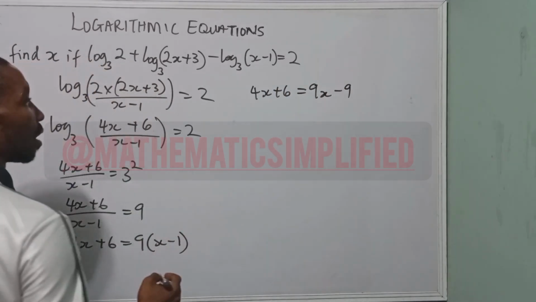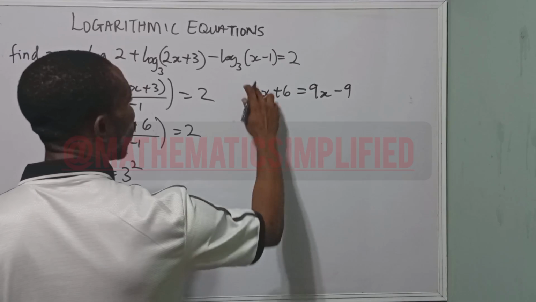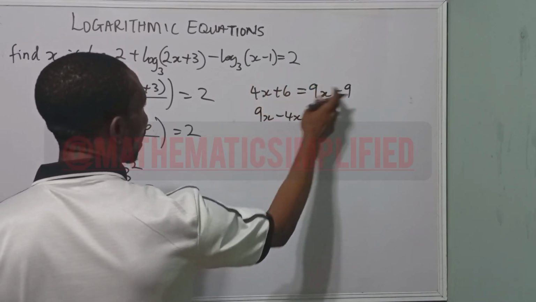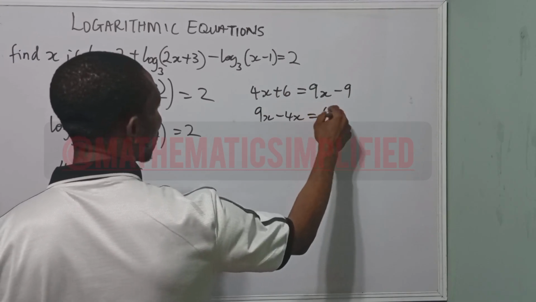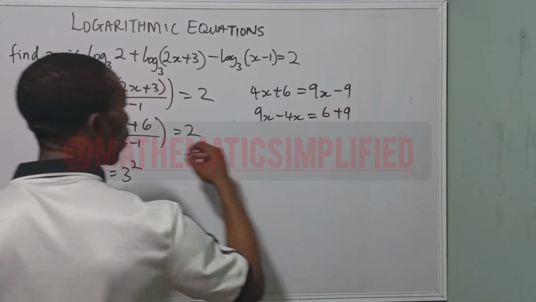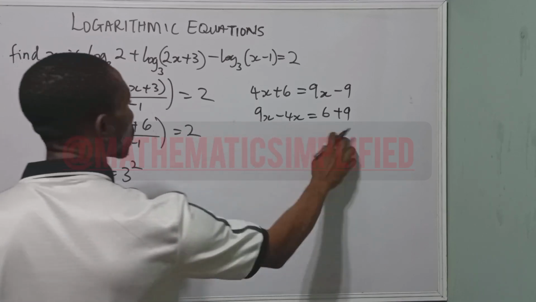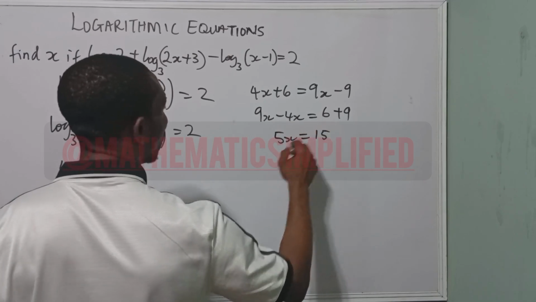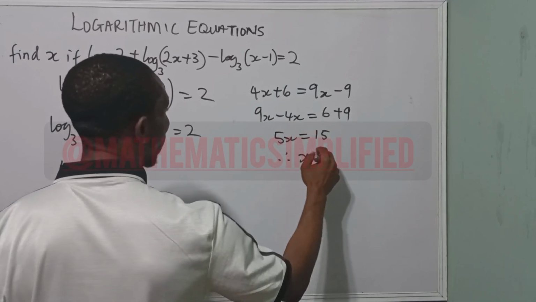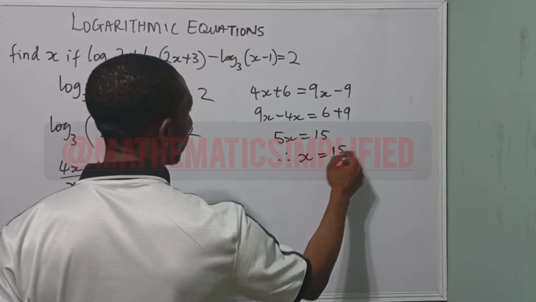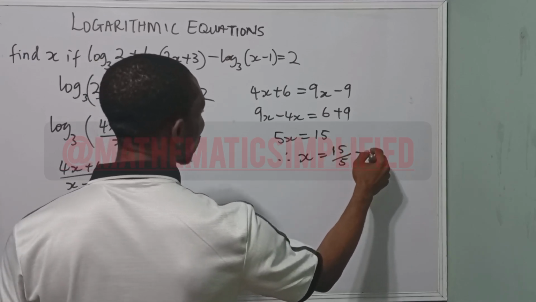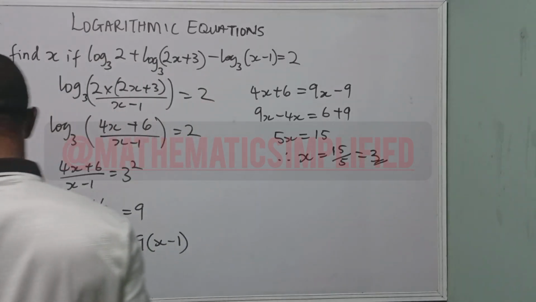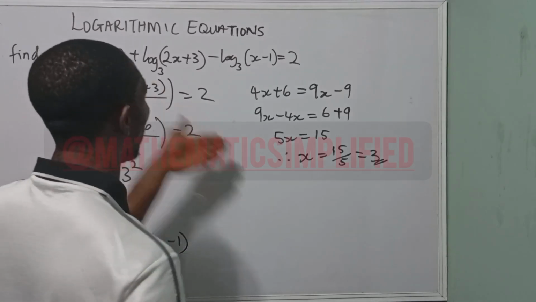Now, collecting our like terms, 4 going over will become 9x minus 4x, and 9 coming over will become 6 plus 9. Alright, so this will give us 5x equals 15. Therefore x equals 15 over 5, which gives us 3. So the value of x in our equation would be 3.